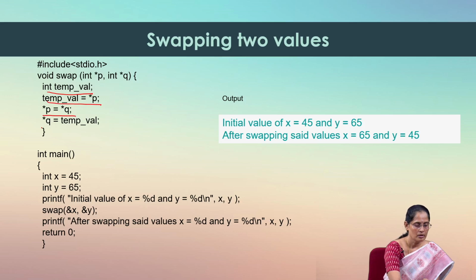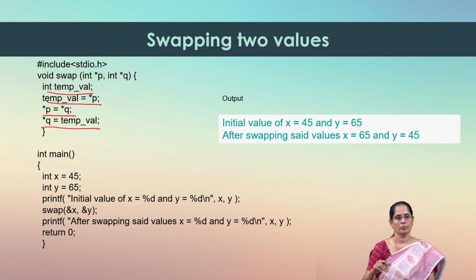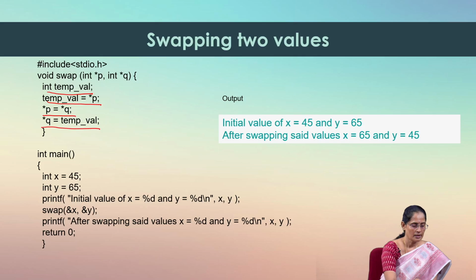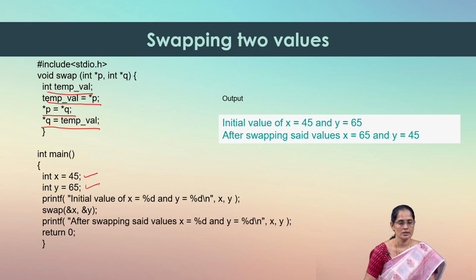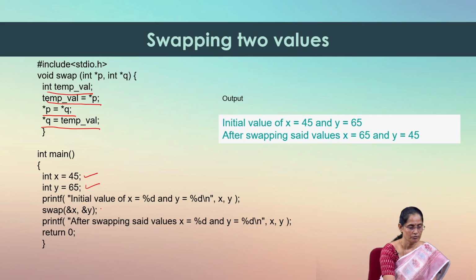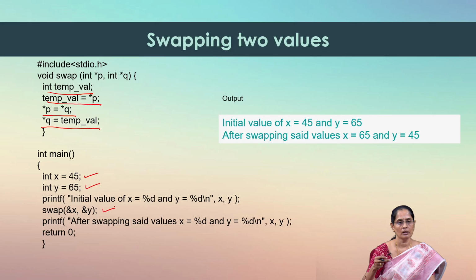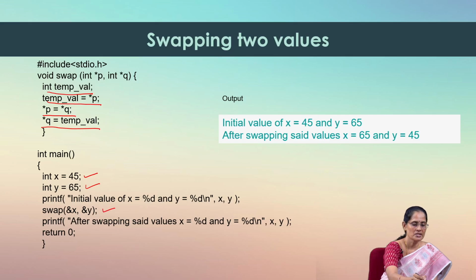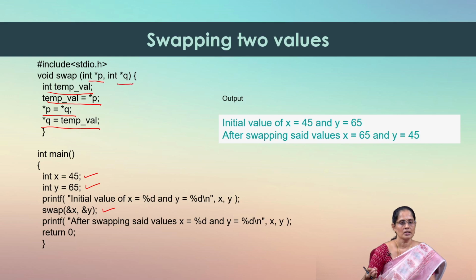Let us take an example of x and y having the values 45 and 65. We display the values before swapping, and for calling the swap function, I pass the addresses of x and y. Those addresses of x and y will be received by the pointer variables p and q. Then we do the swapping with the address values, not with the values.